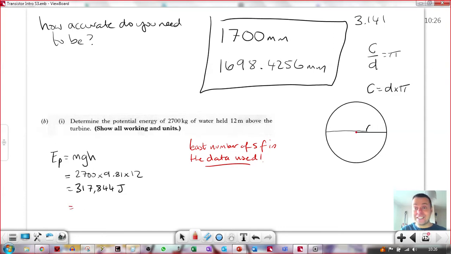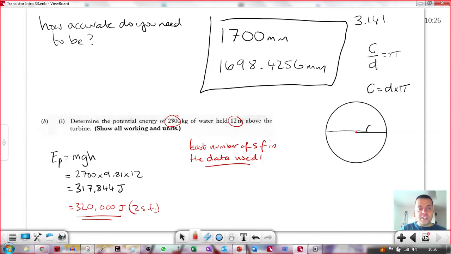So my final answer would be, that stays as a 3, and that's going to become a 2, 3, 2, that's going to become a 0, 0, 0, 0. That's me rounded that value to 2 significant figures, because the data has 2 significant figures.